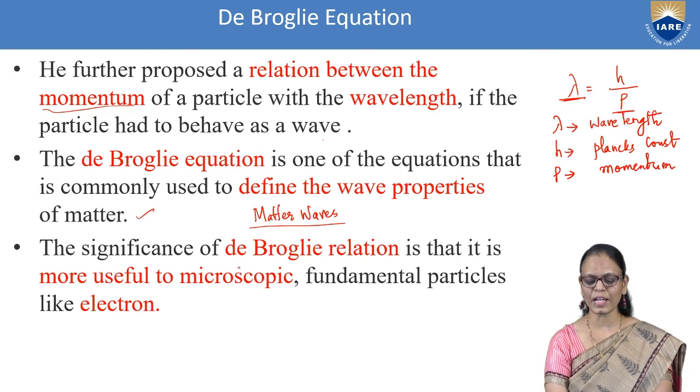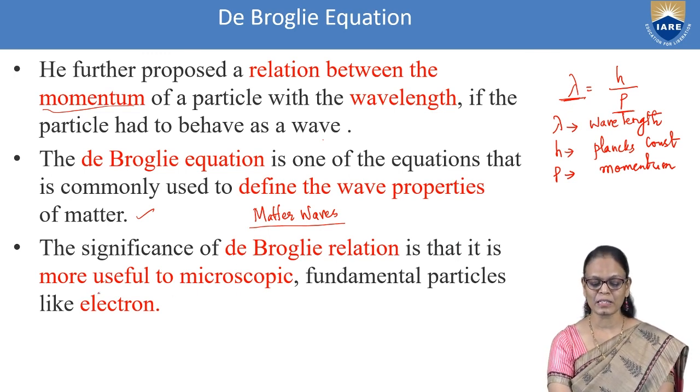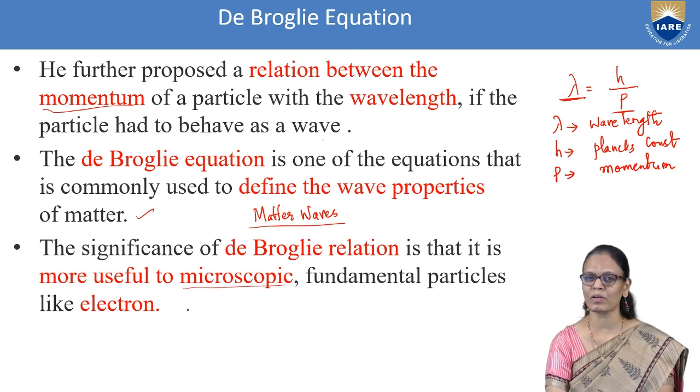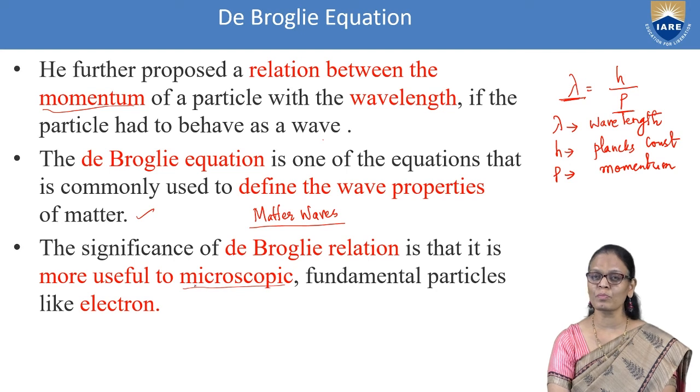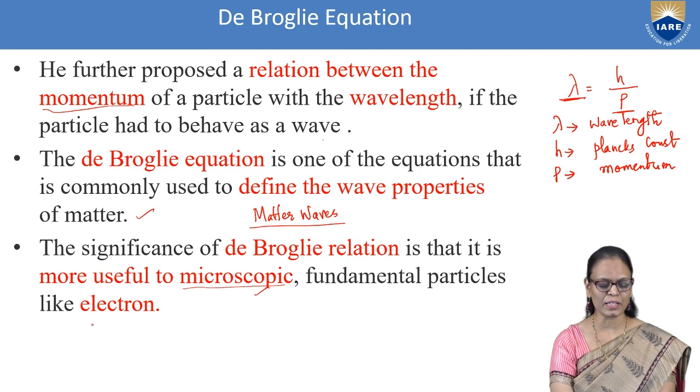Now, the significance of this de Broglie relationship is that it is more useful to microscopic fundamental particles like electrons. Even though he said it could be applied to macroscopic particles also, it proved to be very successful because classical mechanics failed to explain the microscopic behavior of fundamental particles like electrons.